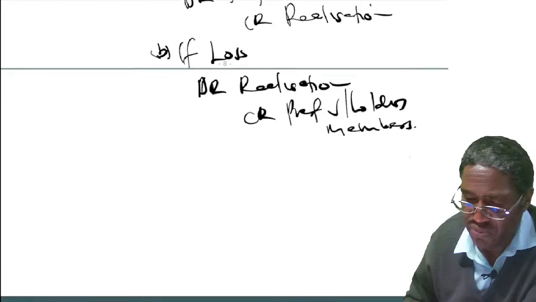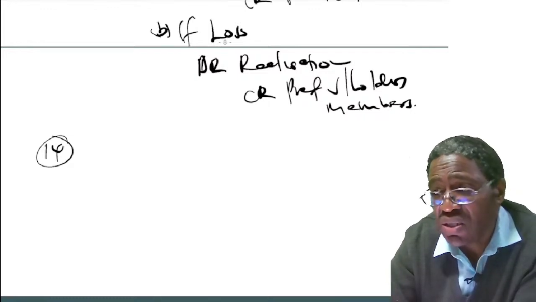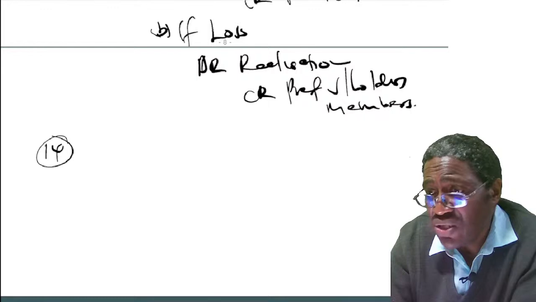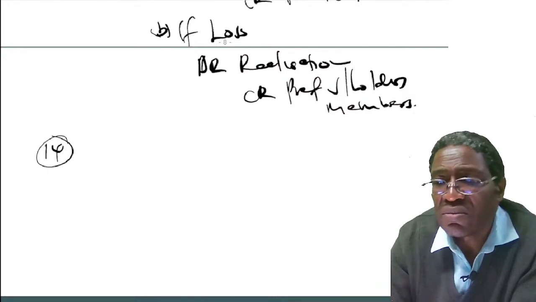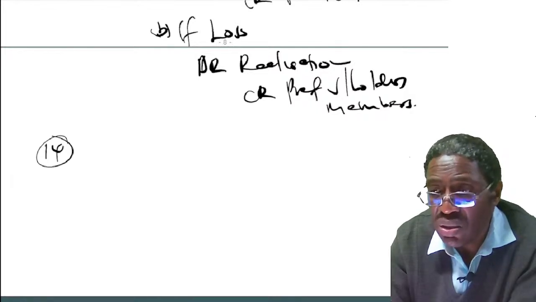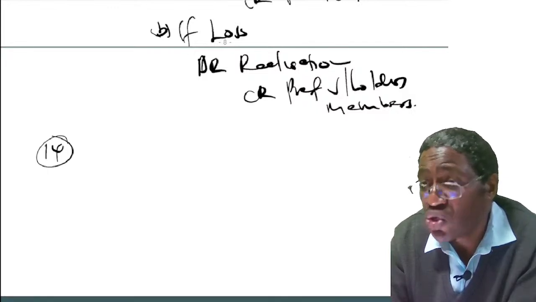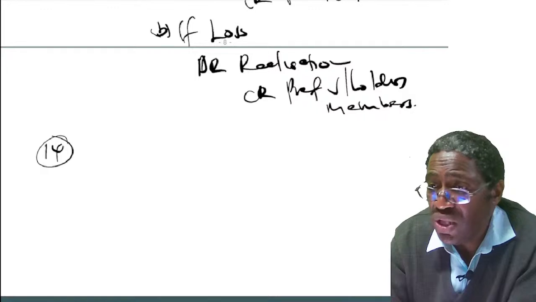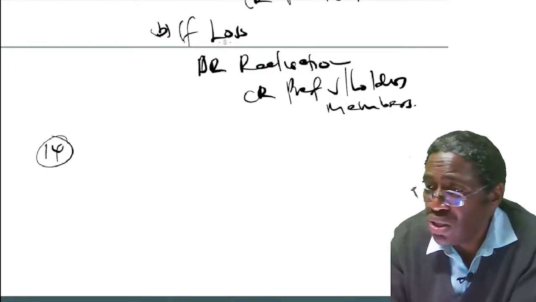I hope you are through with the copying of that step for 13. Number 14, say this: with the balance in the realization account being either a gain or loss on realization, transferred to the ordinary shareholders members.